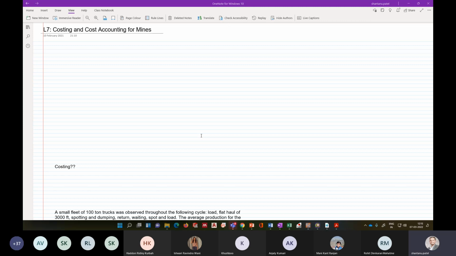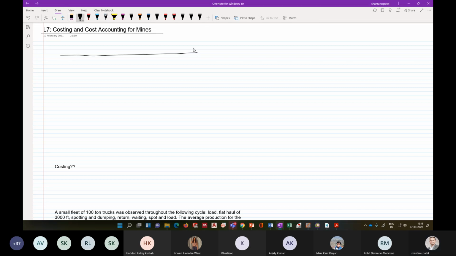So today we'll be talking about costing and cost accounting for mines. Before this, for so many classes, we were looking at our cash flow diagram, where this is t equal to 0, this is t equal to 1, 2, 3, 4, and so on.